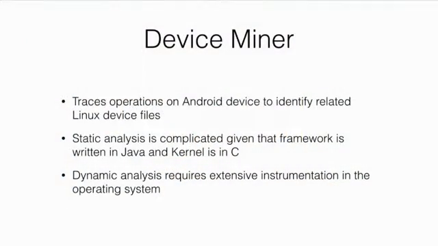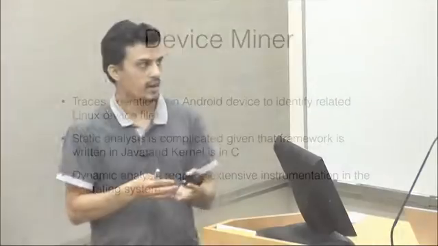Okay. So yeah, DeviceMinder traces operations on Android to identify related Linux device files. Static analysis for the same task is very hard because the code is written in both Java and the kernel is in C, and also there is no static analysis tool available that works.